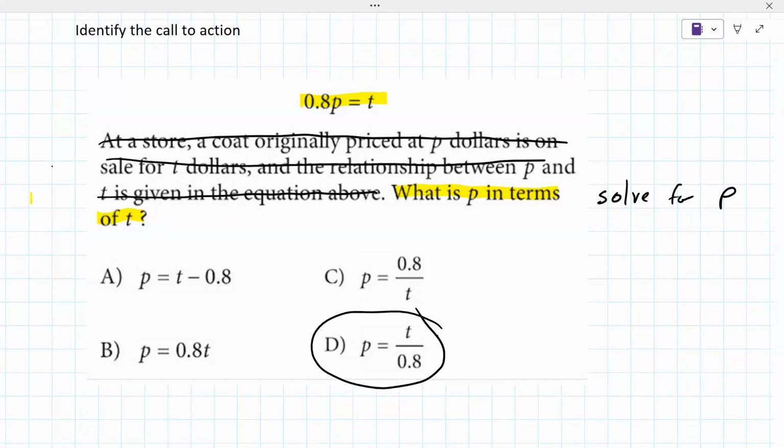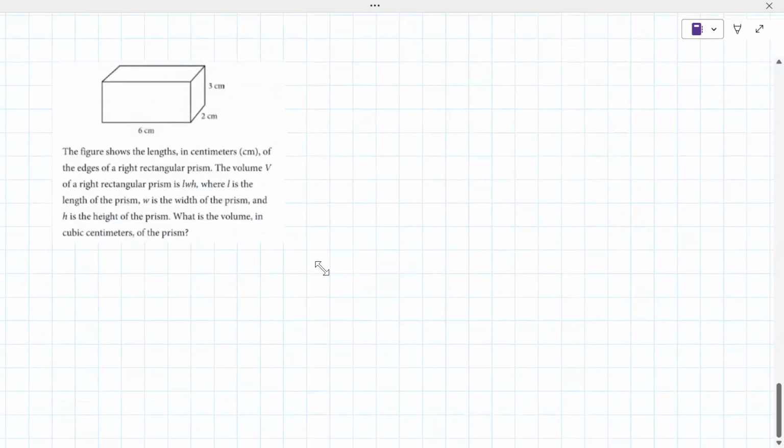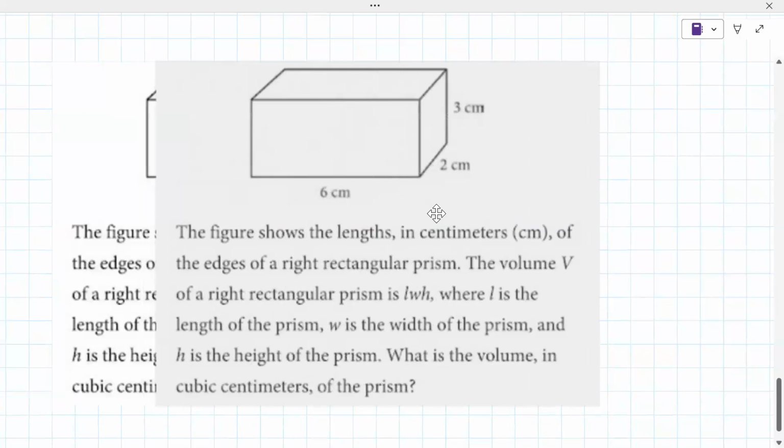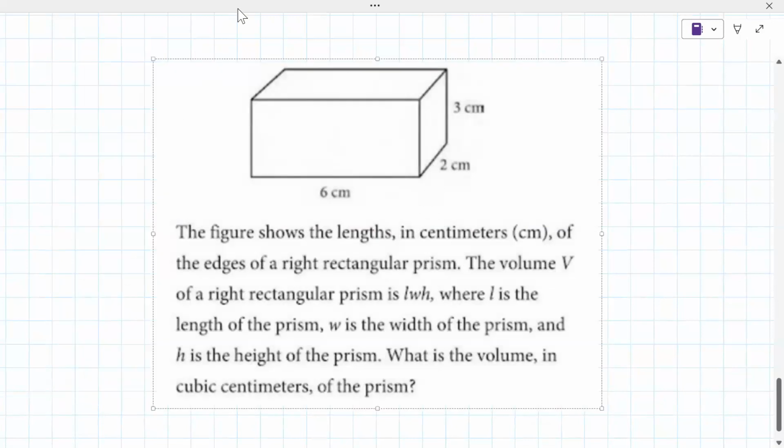All right, let's look at another example here. I want you to identify the call to action for me, please.